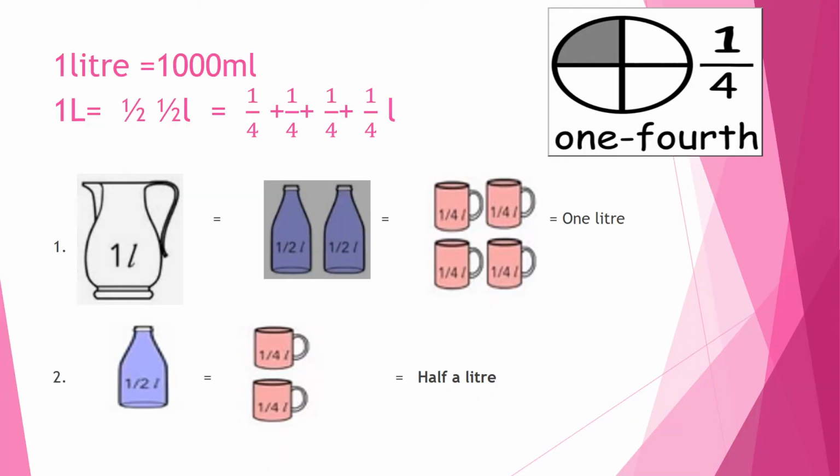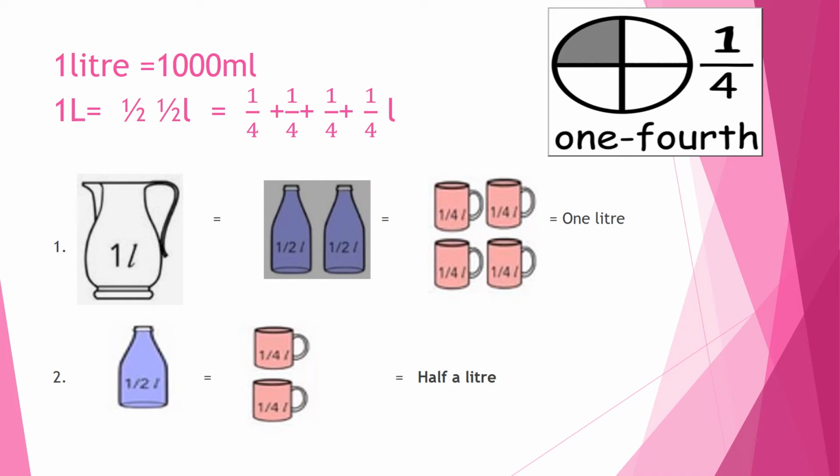Okay, looking at this slide, we can see how to add up or make 1 liter or half a liter. We already know that 1000 milliliters make how many liters? 1 liter. Good job.